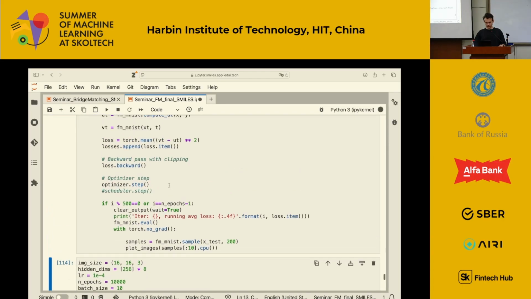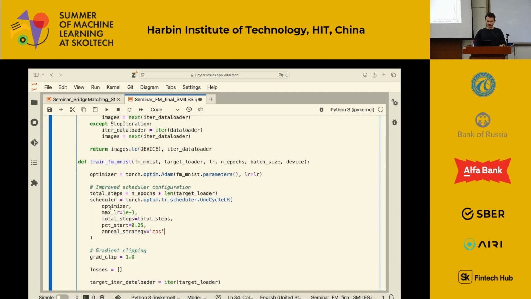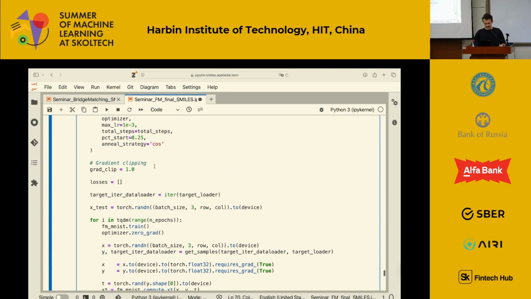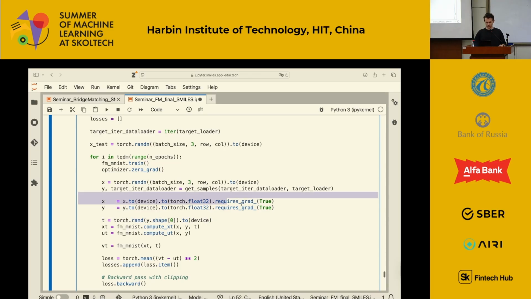So again the training procedure is the same, but we add some deep learning techniques to make our optimization a bit nicer, like some scheduler, which is commented out, gradient clipping, etc. Other than that, you just sample from your data independently, sample some time uniformly from 0 to 1, compute XT, which is the linear interpolation, and the regression target.